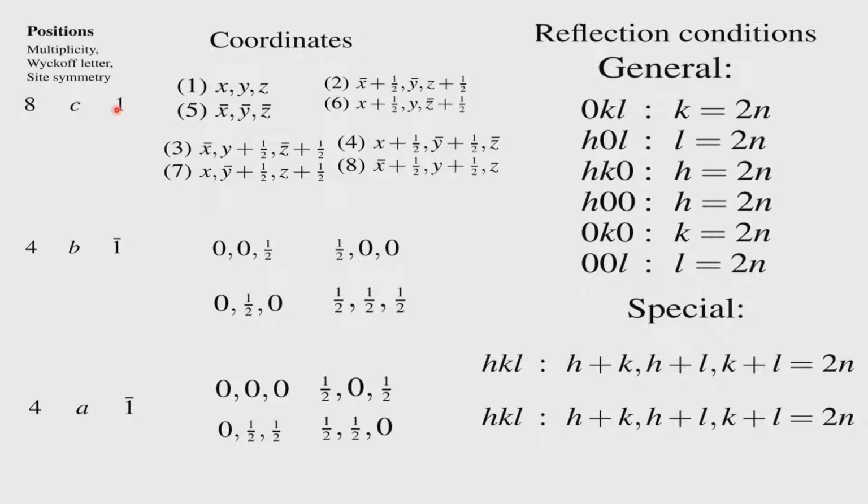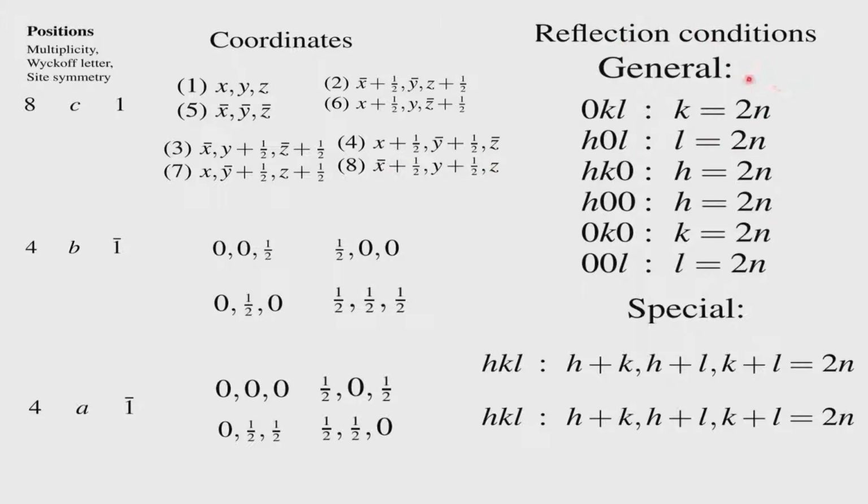This particular space group has 2 possible special positions, again associated with 1 bar. As you see, it is a consequence of the value becoming half or 0 depending upon the generation of the symmetry associated with these 8 equivalent points. So, what are the conditions?